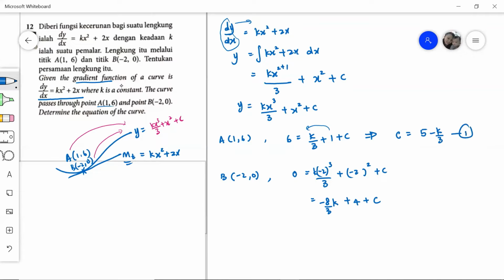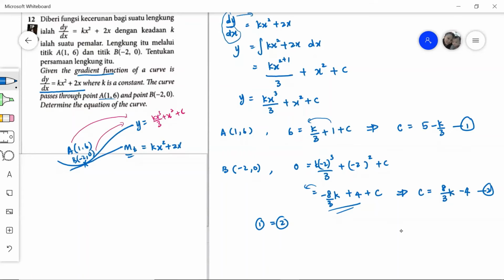Call this equation 1. From B, c will equal, bringing this whole thing over to the other side, 8 over 3 k minus 4. Call this equation 2. Equation 1 must equal equation 2 because the c value is constant, so it must be the same.